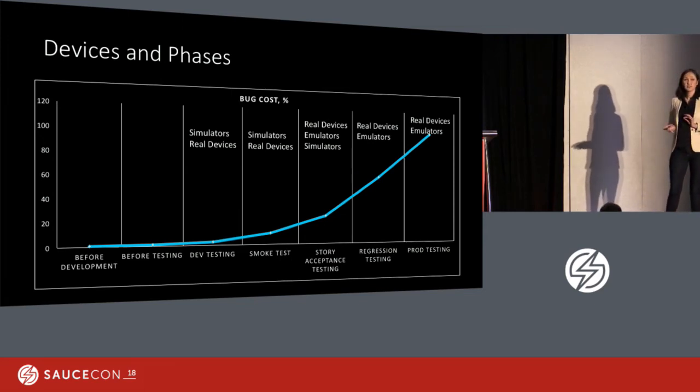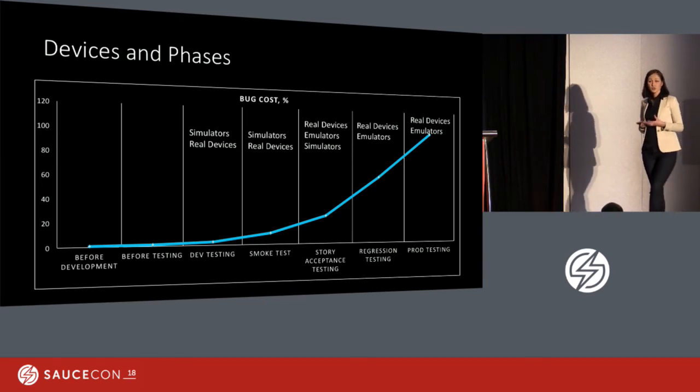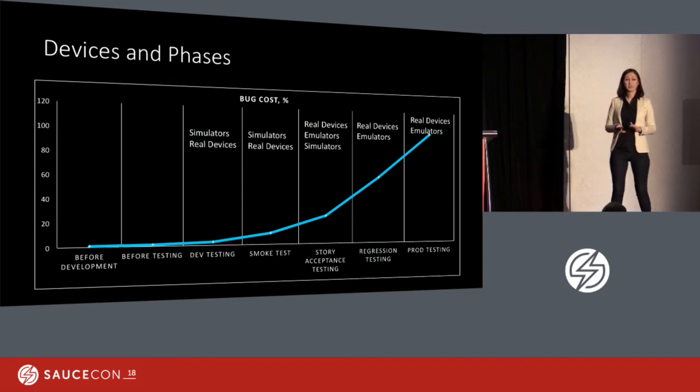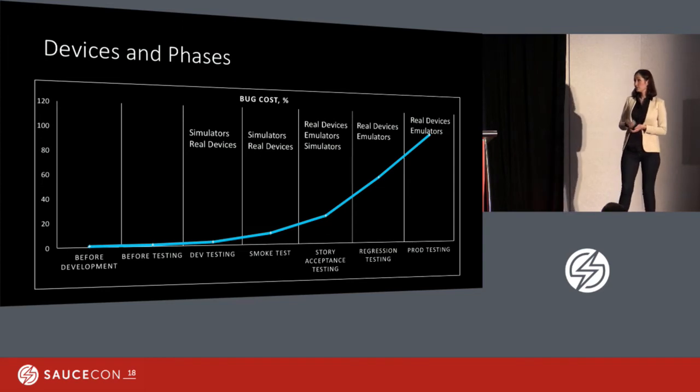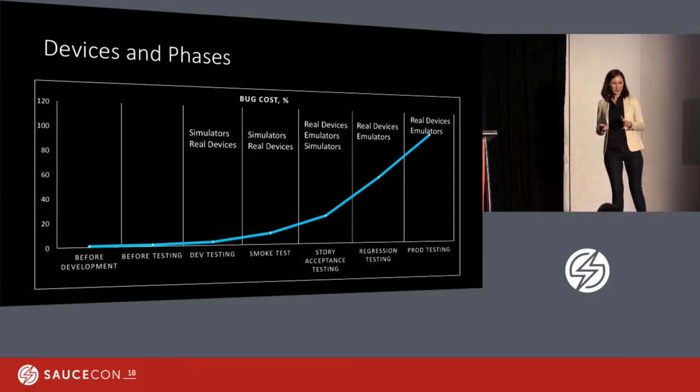And they are just cheaper than real devices. So when it comes to automation and test parallelization, it's good if you can use emulators. They are quite helpful in most of the cases. And also simulators, they can help you with UI checks I mentioned at the very beginning. Really, it may be very easy and fast.